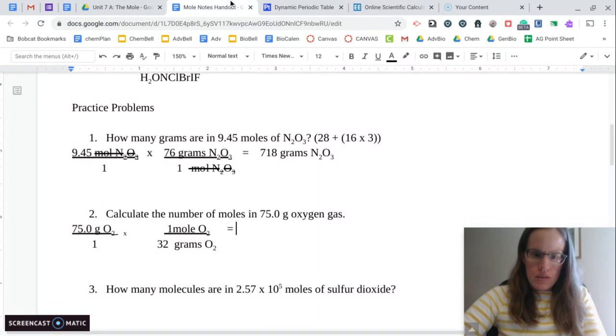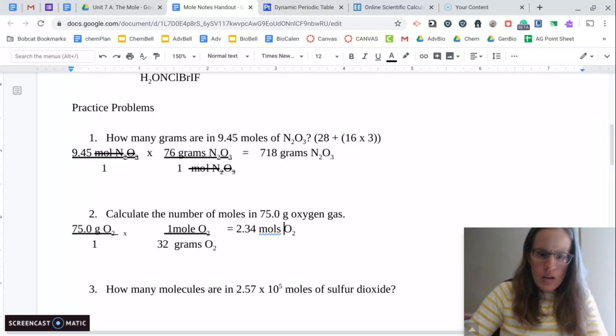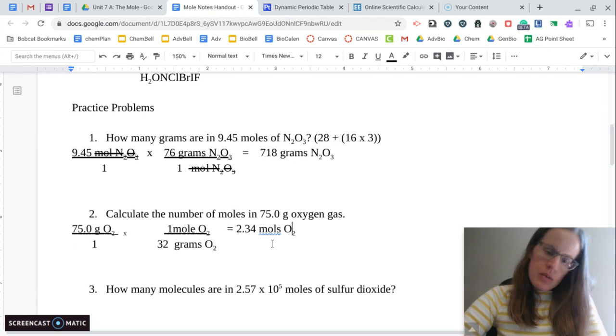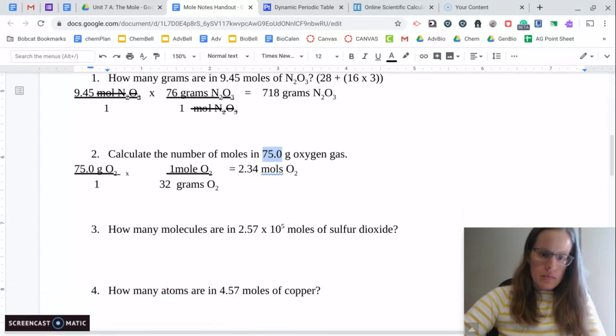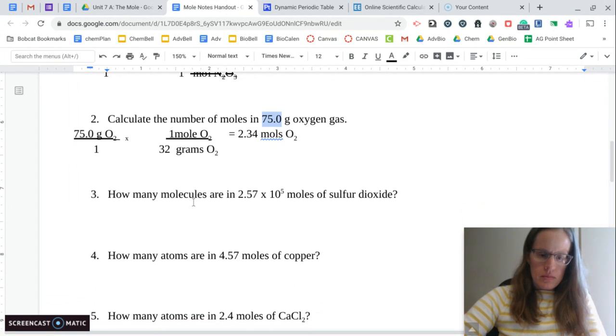Let's look at sig figs. I just dropped the E off moles. That's the abbreviation. It's not really that much shorter. So I did 3 sig figs because 75.0 is 3 sig figs.